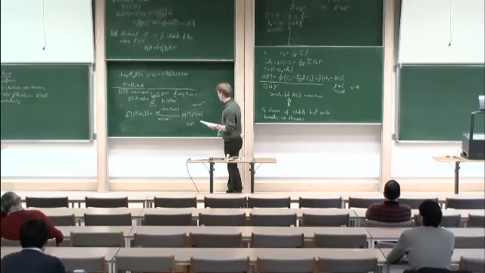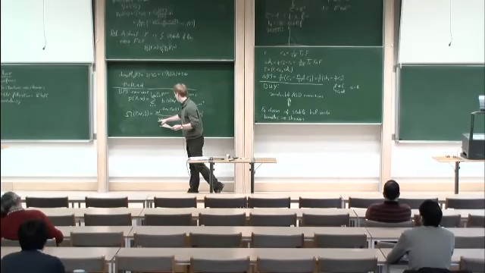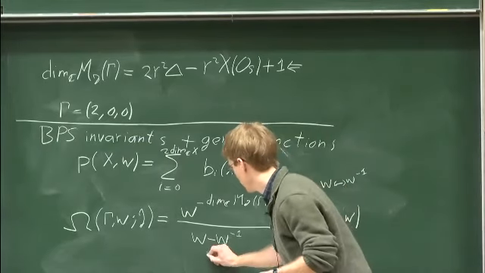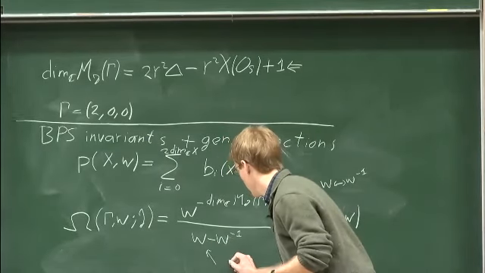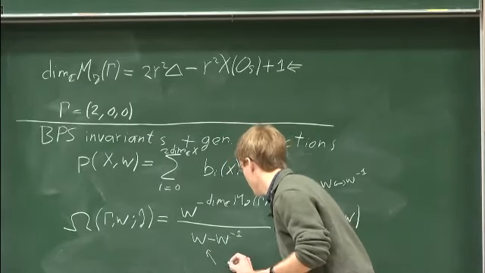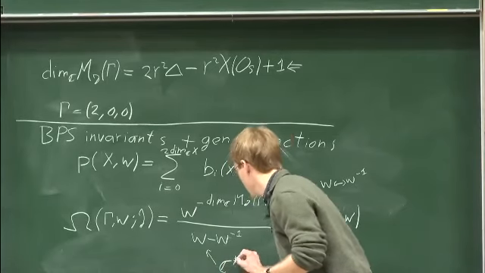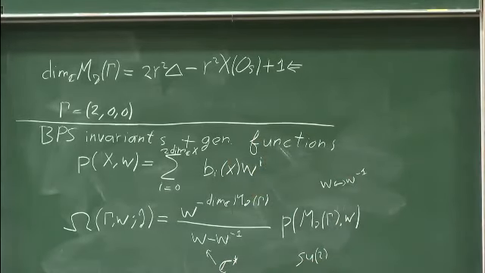Then I think this factor physically comes out of a sum over oscillators, and mathematically it is the automorphisms of the sheaves, which for these stable sheaves is just a multiplication by C star.